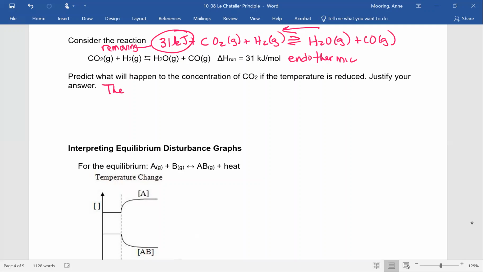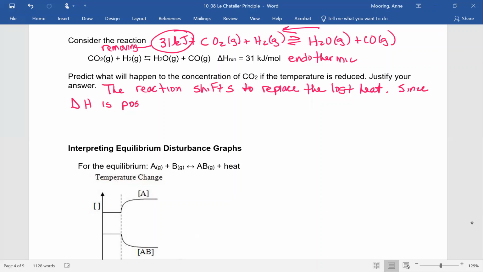The reaction shifts to replace the lost heat. Since delta H is positive, the reaction shifts towards reactants.